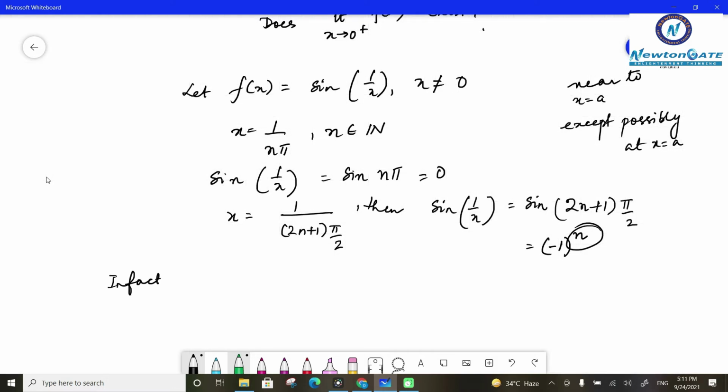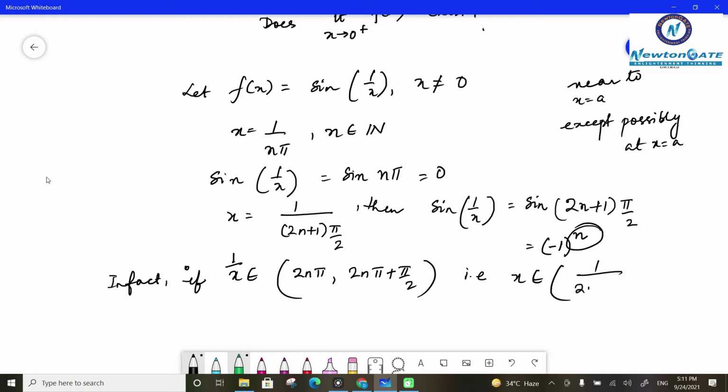In fact, if x belongs to this particular interval, that is, 1 by x belongs to the interval 2nπ to 2nπ plus π by 2, we will see that x will be lying between 1 by (2nπ plus π by 2) and 1 by 2nπ.